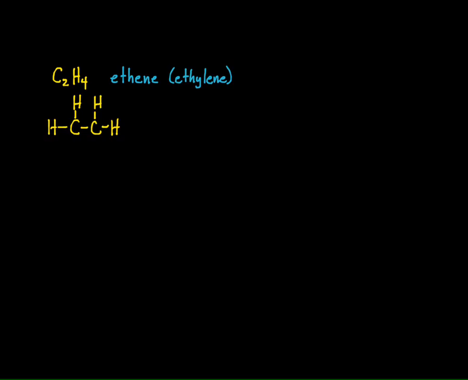Now, when we look at the number of valence electrons, we see that the 2 carbons still have 8 valence electrons. Now we only have 4 hydrogens, and so that only gives us 4 valence electrons from the hydrogens. So we have 12 total valence electrons. Counting the number of bonds, we have 1, 2, 3, 4, 5 bonds.